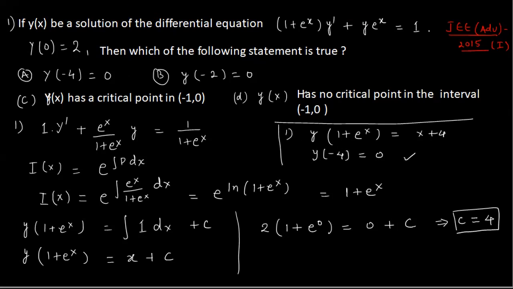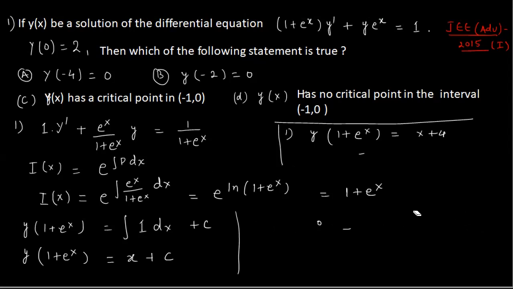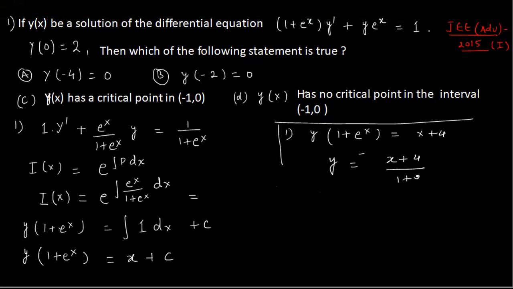Otherwise, you can rewrite this as, okay, hopefully everyone had copied this. So let me remove this to create some space. Okay, so y can be written as x plus 4 over 1 plus e raised to the power x.